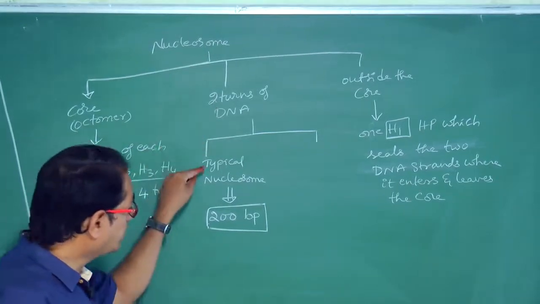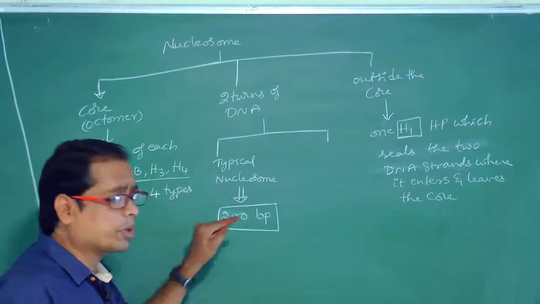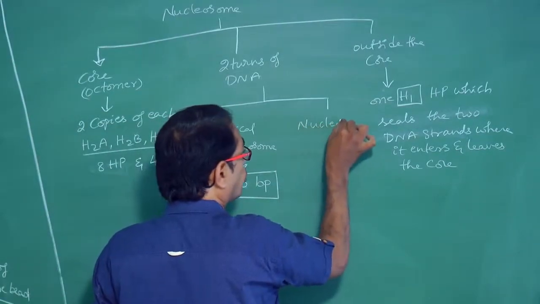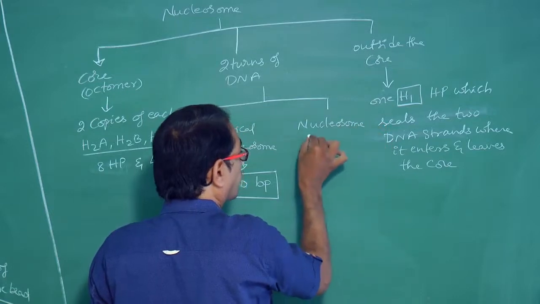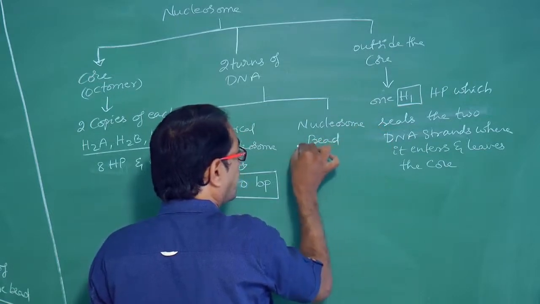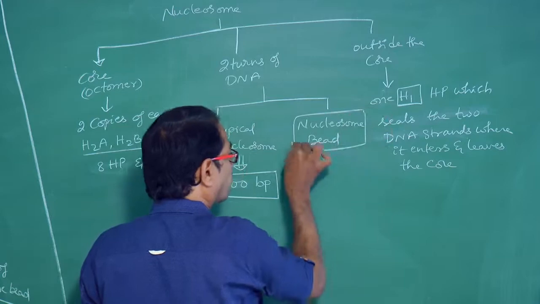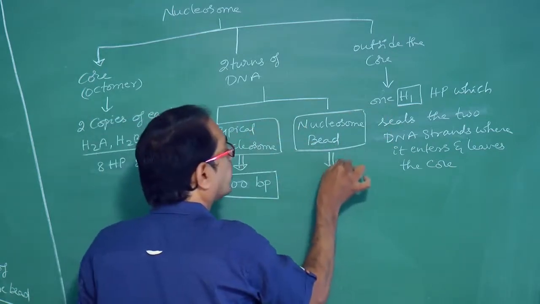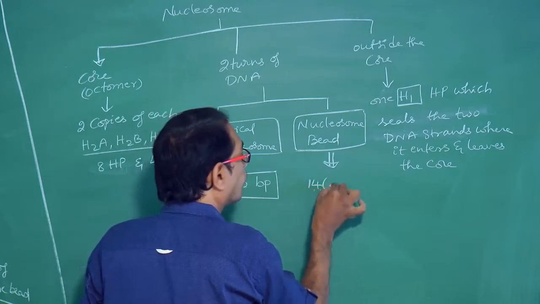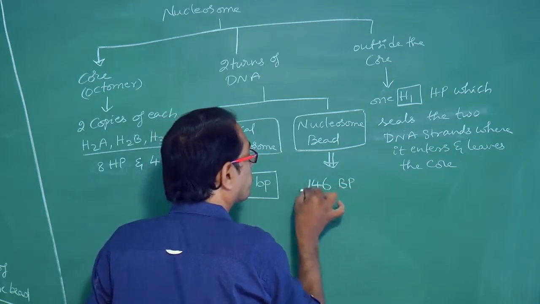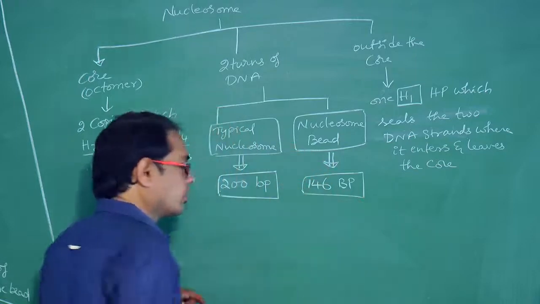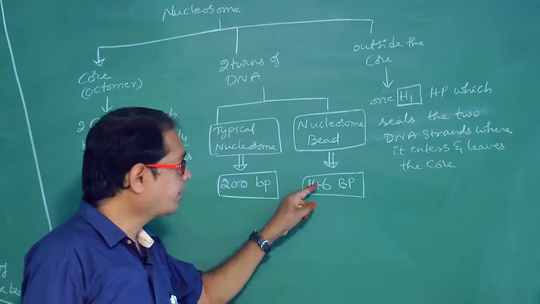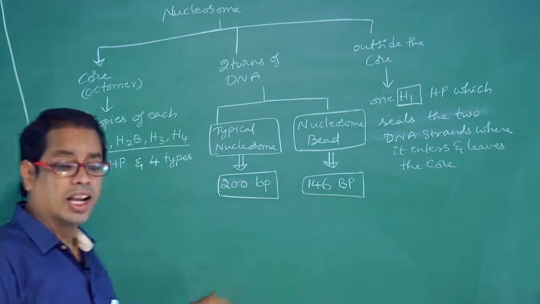Two turns of the typical nucleosome contain 200 base pairs, whereas the nucleosome bead contains 146 base pairs. That means the remaining 54 base pairs are present in linker DNA.